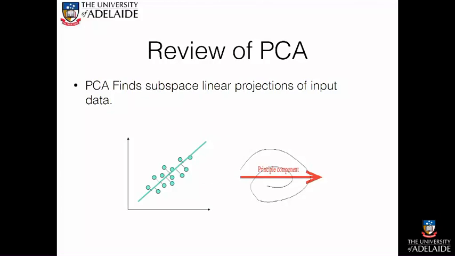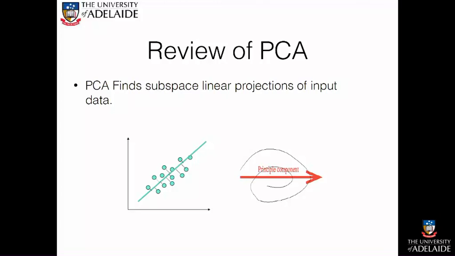So PCA, we already studied this, right? Of course, the standard PCA is linear, so it finds a linear projection. We project the original data into 1D, and along this 1D space, the variance of the data becomes maximal.